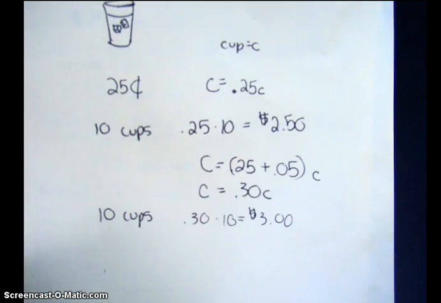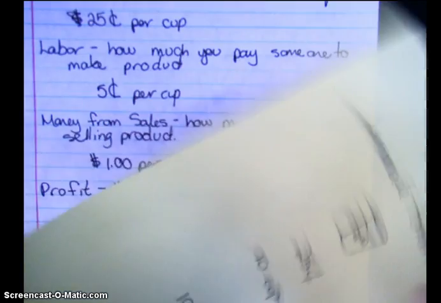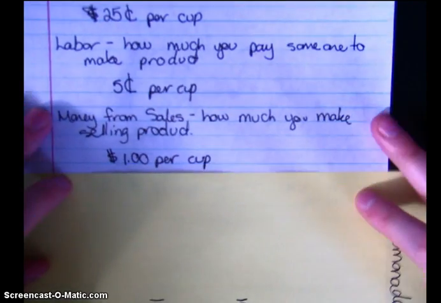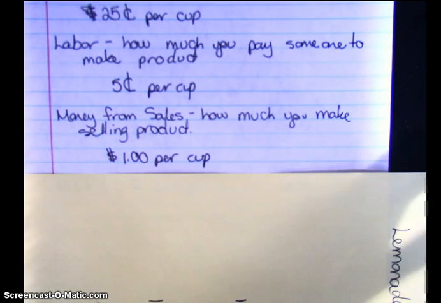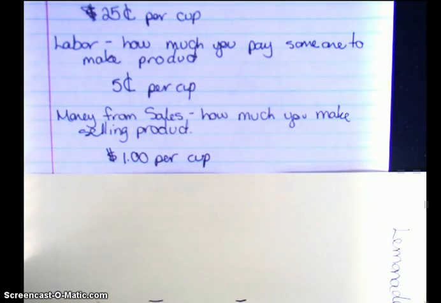To look at how much we're going to make, the first thing we need to look at is money from sales. So how much are you going to sell your product for? Let's sell our product for $1 a cup. So money from sales is looking at how much we make just from selling it, without worrying about cost.